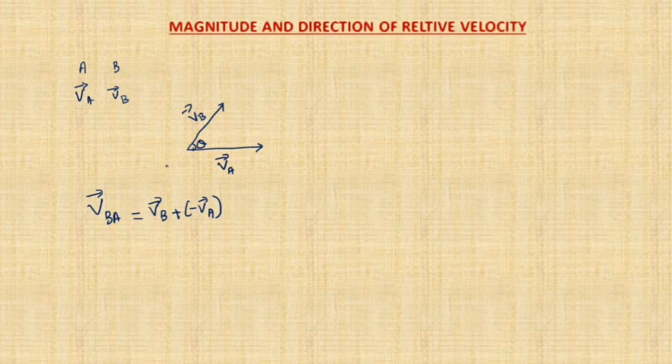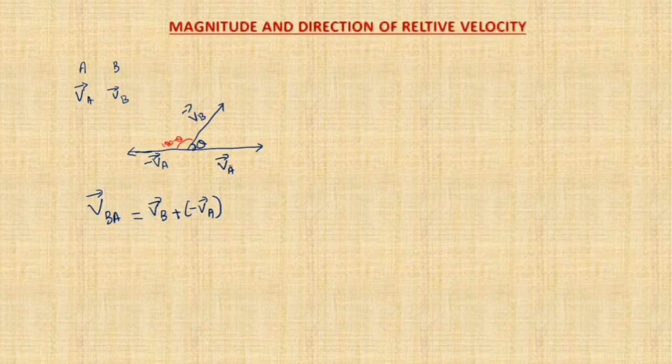For that purpose, we change the direction of VA into the opposite direction. Now VA becomes minus VA. That means if this is the angle theta, then the angle between VB and minus VA is 180 minus theta.